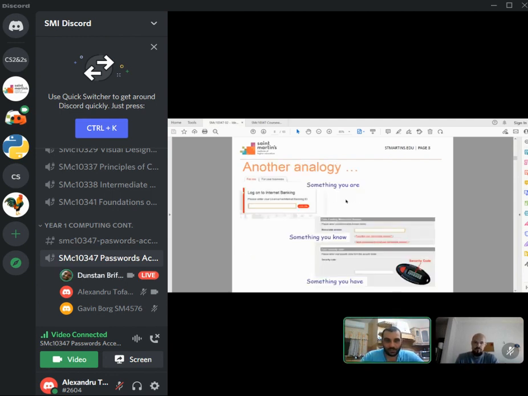And the equivalent will be the internet banking system. I've kept the old screenshots here. I know this is an old screenshot, and I don't know whether you are with HSBC, BOV, or some other bank, but even if they change the interface, we are always entering these three pieces of information.